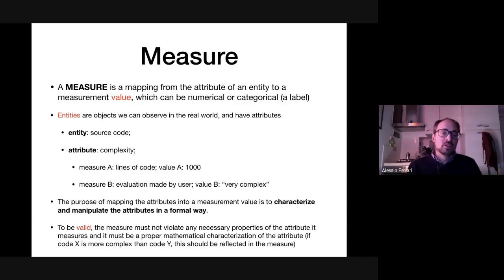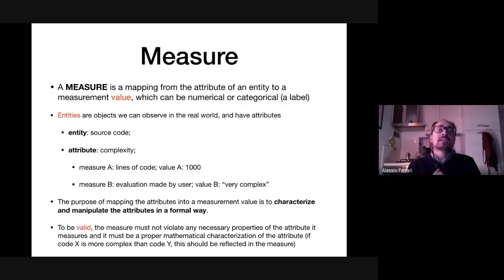For example, for measuring 1,000 lines of code, I just need to count the lines in an automated way. In the second case, I need many users, many subjects, and compare and make an average of their evaluation to establish the actual reliable value of my measure.